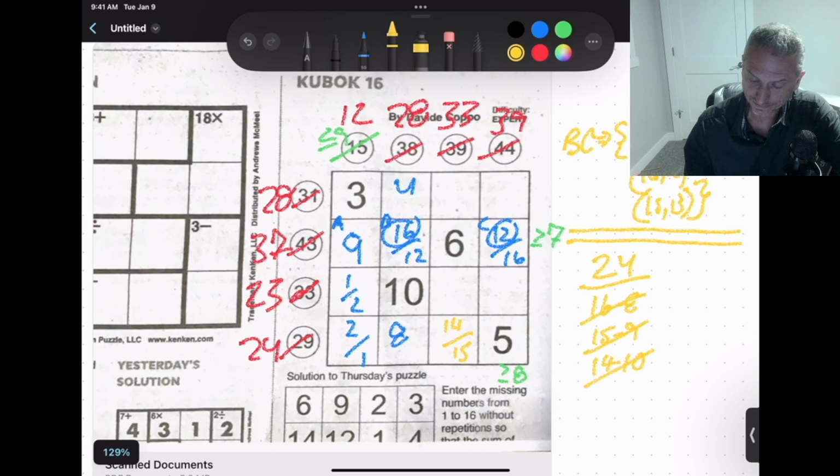No. 13, 11. Yes. 12, 10. No. What the hell? 12, 12. Obviously. 13, 11 works. Son of a gun.